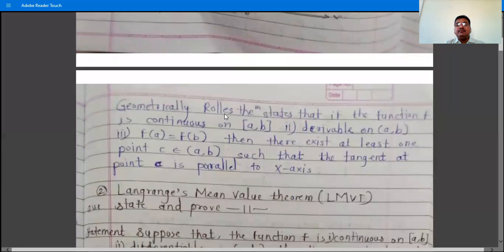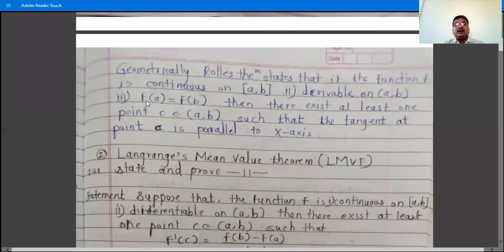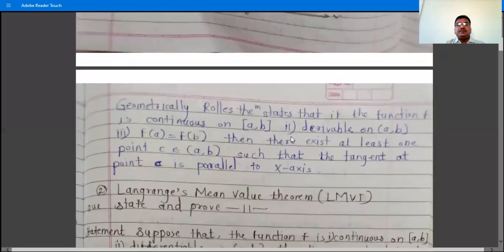So geometrically, Rolle's theorem states that if the function f is continuous on the closed interval [a, b], second, differentiable on the open interval (a, b), and third, f of a is equal to f of b, then there exists at least one point c belonging to the open interval (a, b) such that the tangent at that point is parallel to the x-axis.